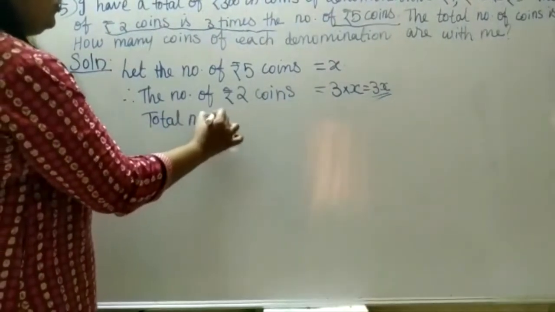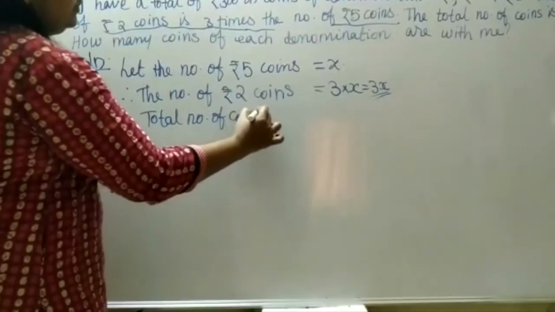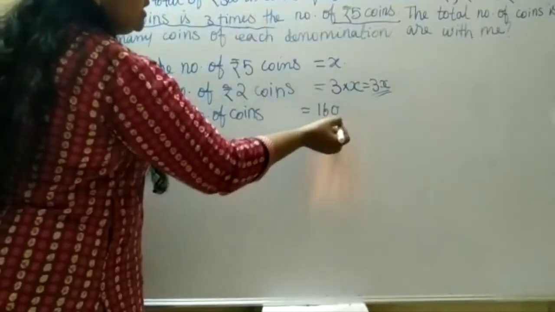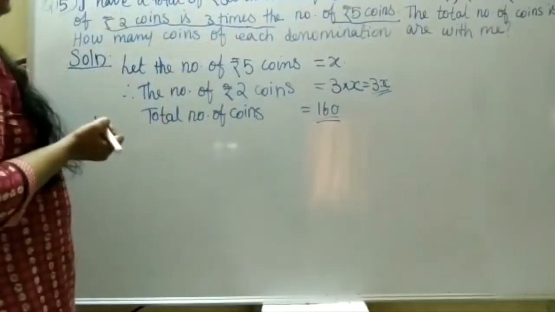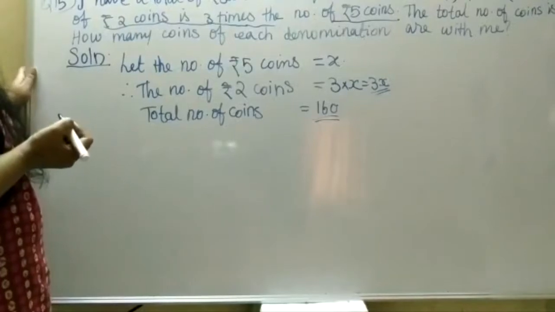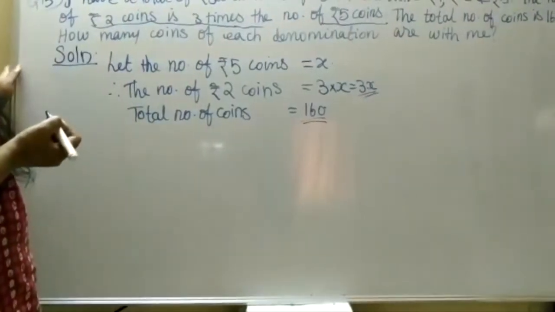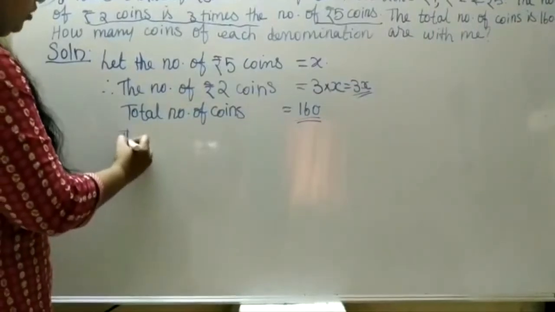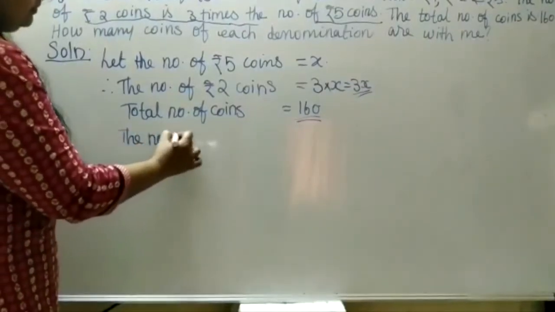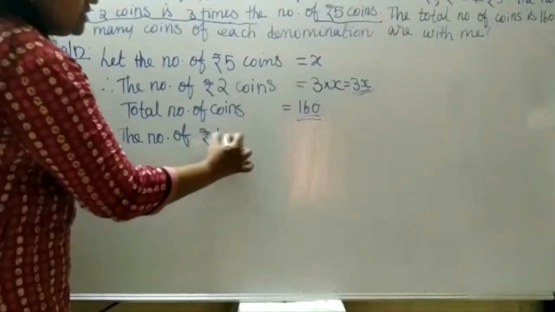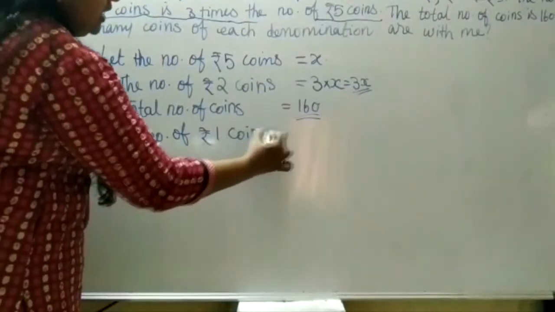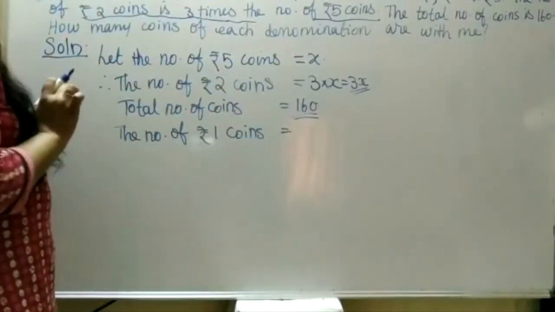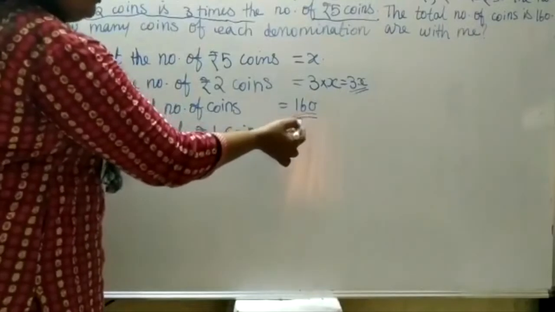Now it is given that the total number of coins is 160. So we can find the number of rupees 1 coins. We don't know it, as no direct clue is given.